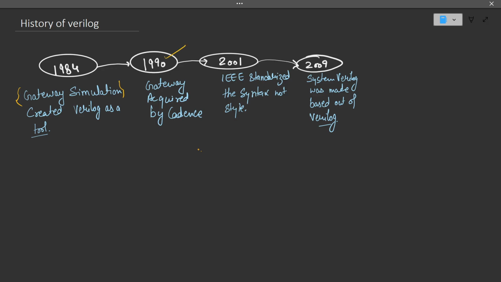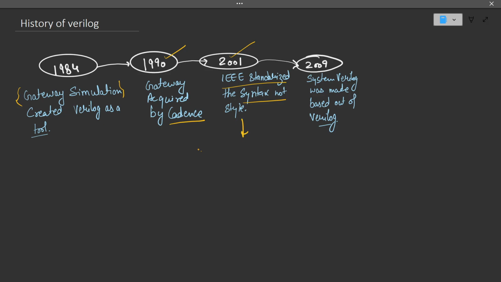Then in the 1990s, Gateway Simulation was acquired by Cadence, and in 2001, the syntax of the Verilog language was standardized by IEEE. So IEEE has given the standardization for this particular language.